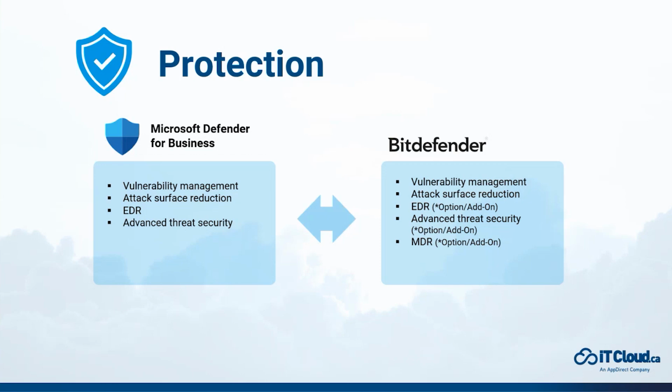So why not block that at source? So attack surface reduction is exactly that. You could tell Defender for Business that you want Word and Excel to not be able to execute specific types of macros or not be able to spawn another software on the side or things of that nature. So that's attack surface reduction, and it does come with Defender for Business.